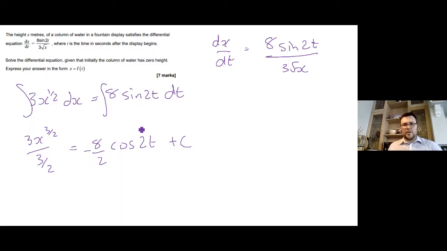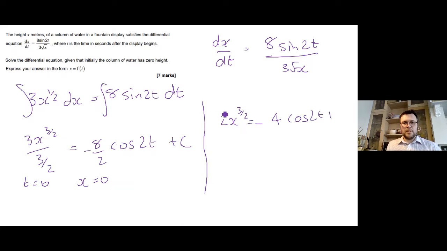We have to find out what that c value is, and how we would do that is we would put t equals 0 and x equals 0. Tidying this up, the 3 divided by 3 over 2 is going to be 2, so 2x to the 3 over 2 equals 4 minus 4 cos 2t plus c.